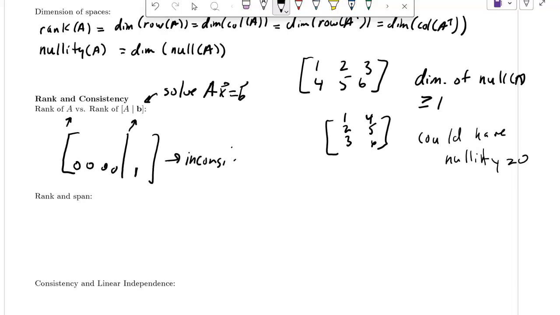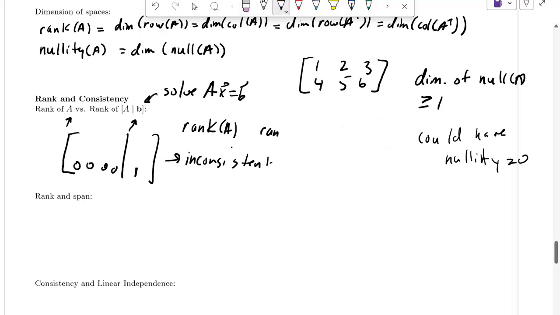So what does that mean has to happen for the rank of A and the rank of A augmented with B? If it's going to be consistent, what needs to be true about those two ranks? They better be the same, right?